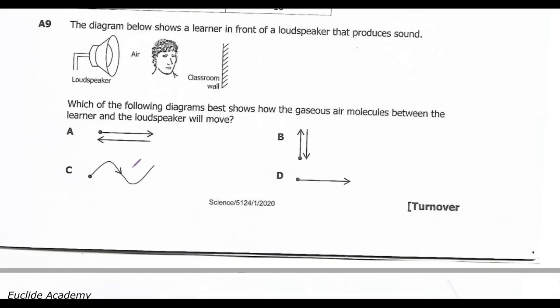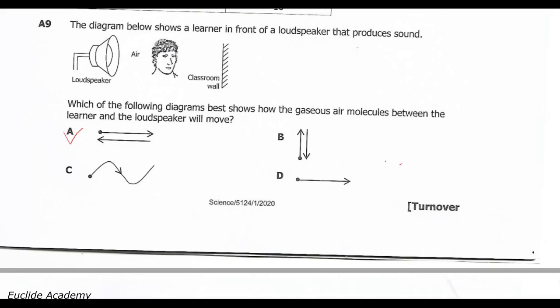They're going to move parallel to the direction of the wave, because this is a longitudinal wave, and they won't just move in one direction, because there'll be rarefactions and compressions. So our best option here will be A, the correct one. So particle vibration will be back and forth. That is A. That will be the correct option.